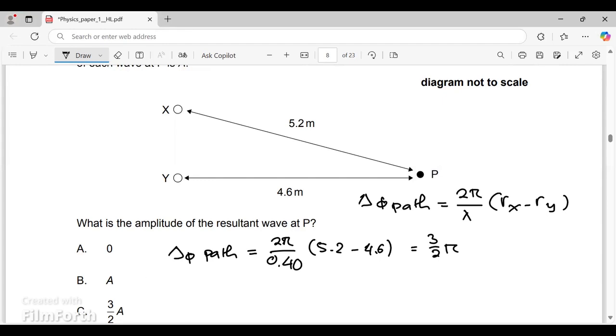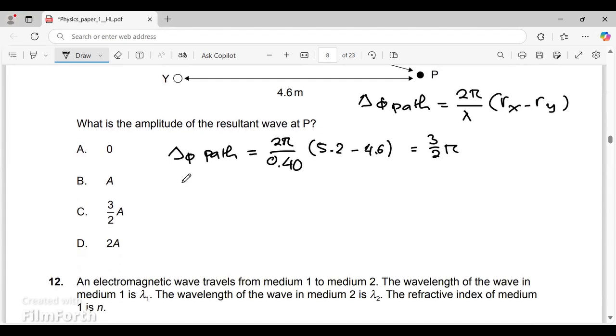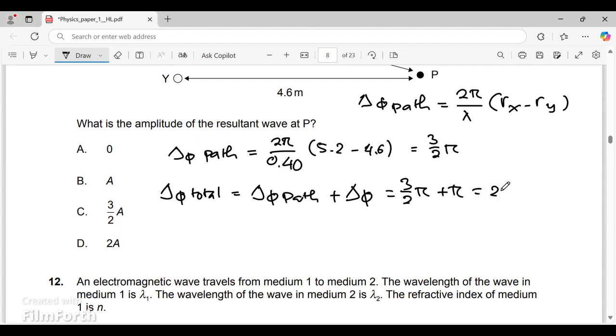And the total phase difference between the two waves is delta phi total equals delta phi path plus delta phi, equals 3/2 pi plus pi, which is 5/2 pi.